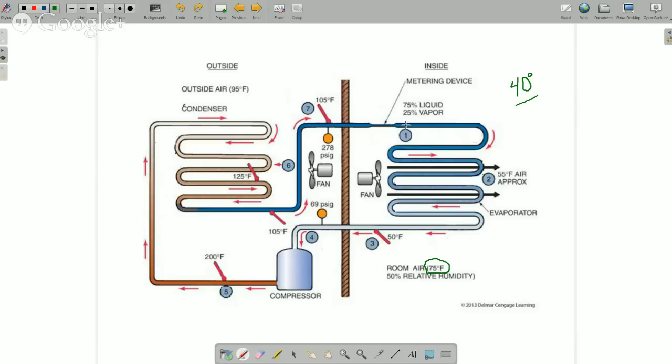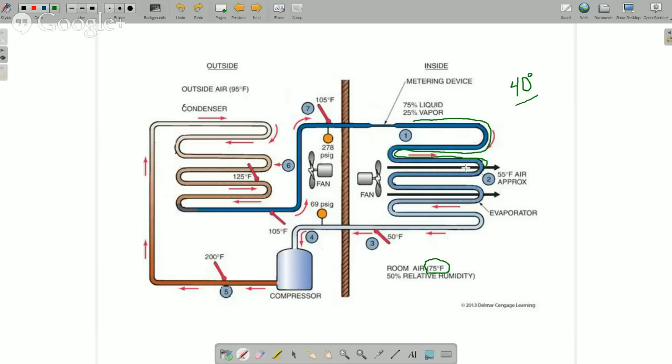And as it does this, this refrigerant starts to change state from liquid to vapor as it moves through the evaporator coil. And remember, this is absorbing a tremendous amount of heat, which it requires to change the state of this refrigerant. As it moves through the evaporator coil, it changes state and continues to do so.